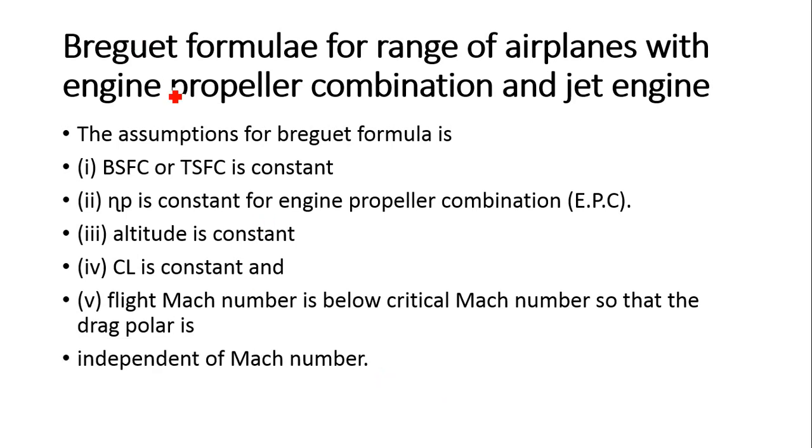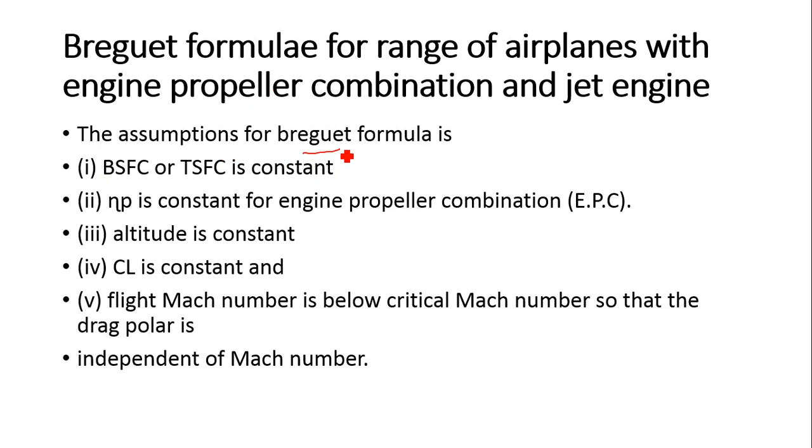The required formulas for the range of airplanes, both engine powered and jet powered, have some assumptions. Just note these assumptions also, because sometimes they may ask what the assumptions are.